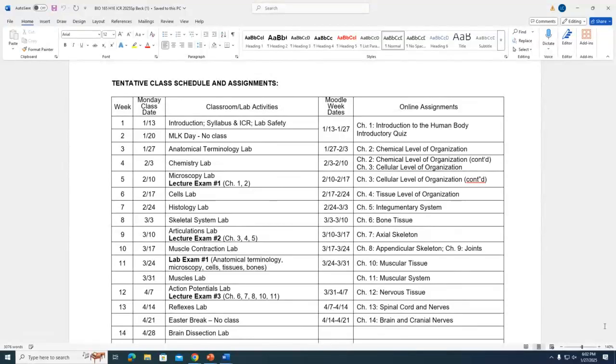Okay, I guess we better do something. Let's look at our schedule real quick. So this is the 27th. We started, got most of the way through chapter 1 last time, which was 2 weeks ago.